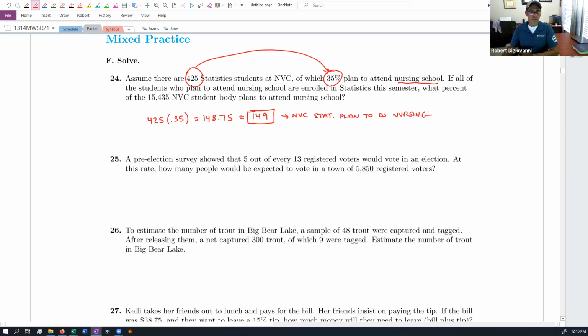Understand? It's asking now what percent of the total number of students in Northwest Vista plan to go to nursing school. So we want to know, 149 is what percent of this number. So how do we do that?